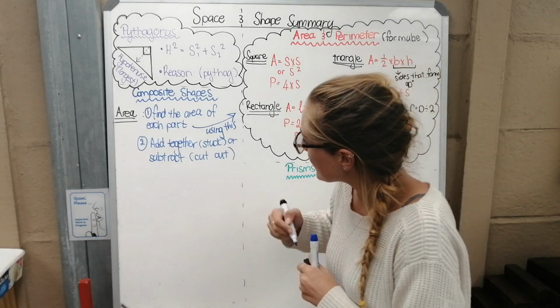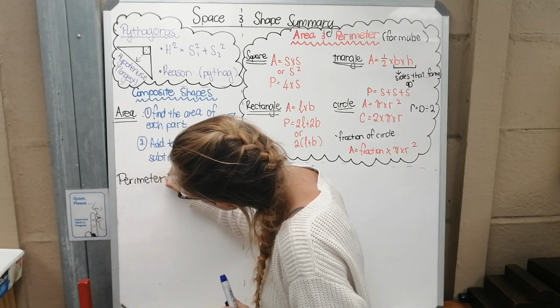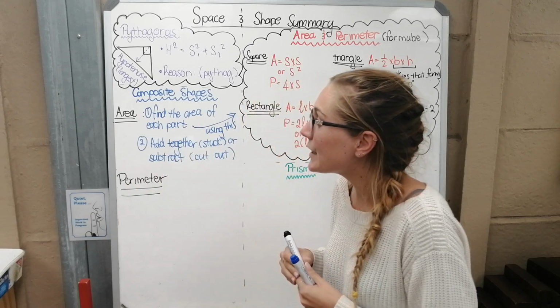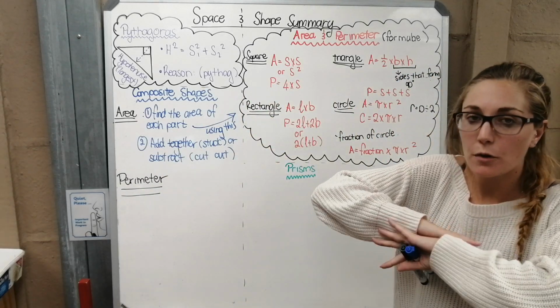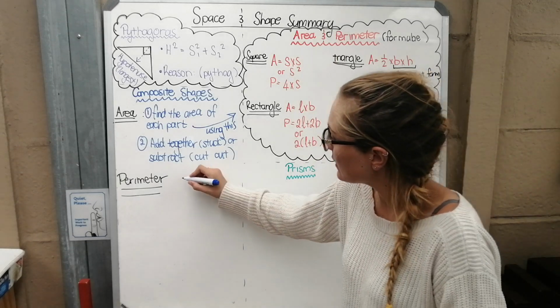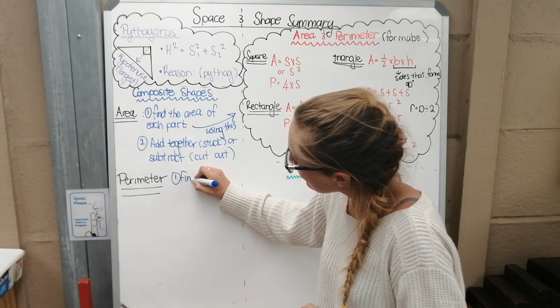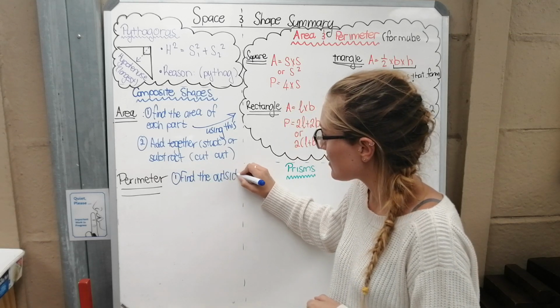Then for perimeter, completely different method. Please do not even think about it: area and perimeter are completely unrelated. Do not get them mixed up. So for perimeter, you find the outside edge lengths.